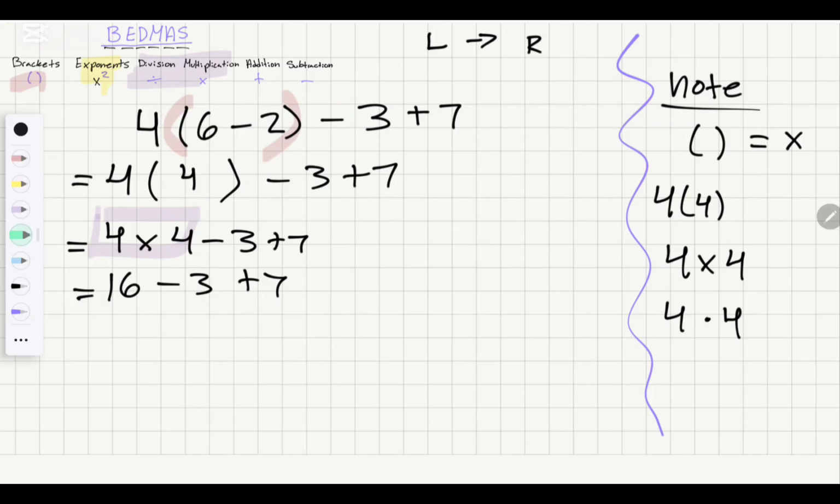Now we are on to our last one, addition and subtraction. I know that that's all I have left. I'm going to move left to right. So 16 minus 3 is 13 plus 7. So 13 plus 7 is 20. So I know that my answer for this equation is 20.